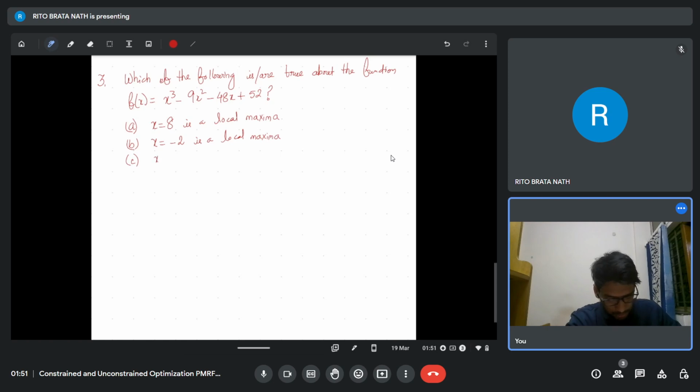Option C, x equals 8 is a local minima. And option D, x equals minus 2 is a local minimum.